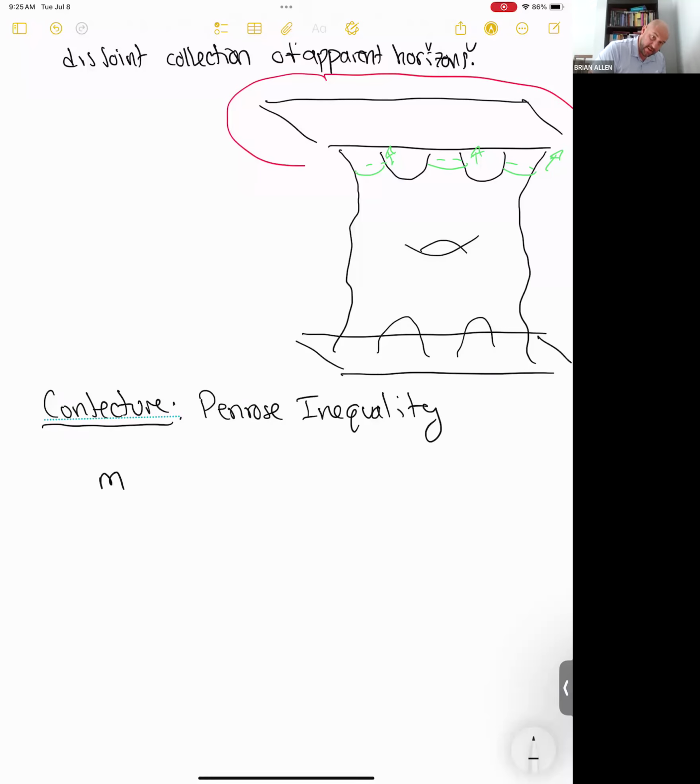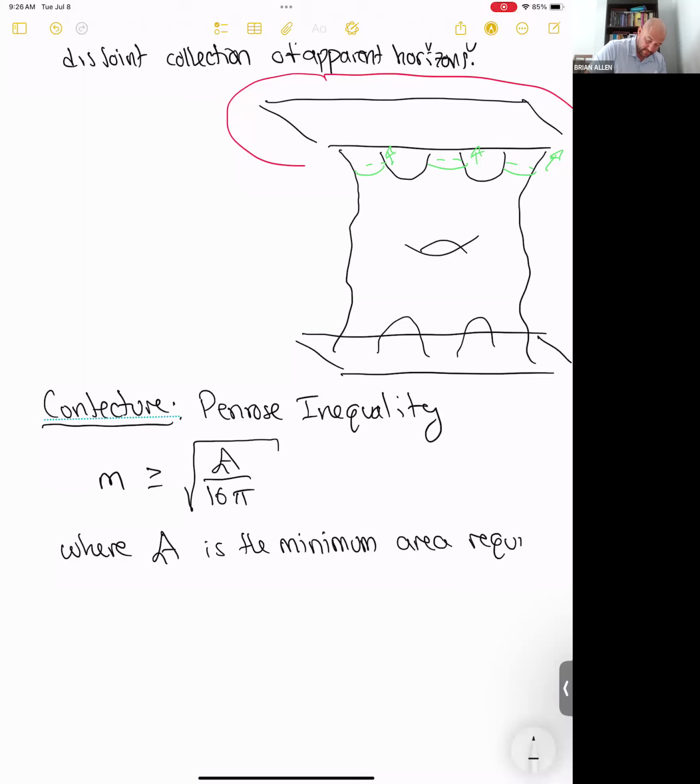It says that the mass, which I defined earlier as the Lorentz length of the energy-momentum tensor, is bigger than or equal to the square root of this curly A, which I'll say what that is in a second, over 16 pi, where curly A is the minimum area required to enclose an outermost apparent horizon.